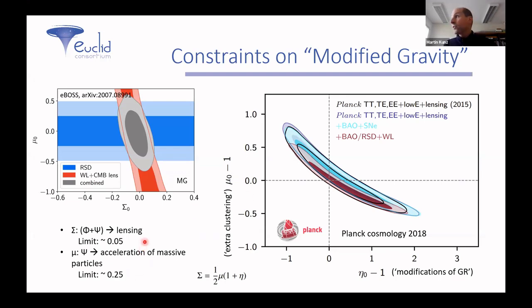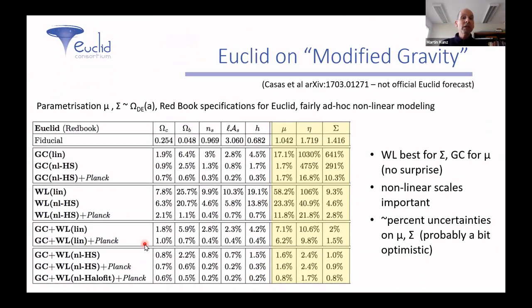Okay, let's see what we expect to reach with Euclid. This is a fairly busy table. Also, this is not an official Euclid forecast; we're still working on this specific forecast. But you can see that in the optimistic case, we hope to get about percent level errors.